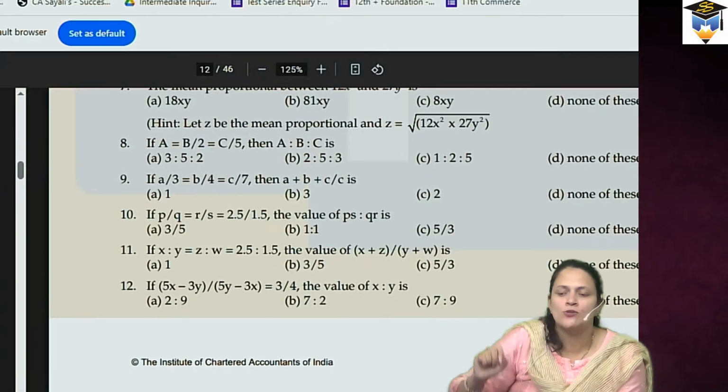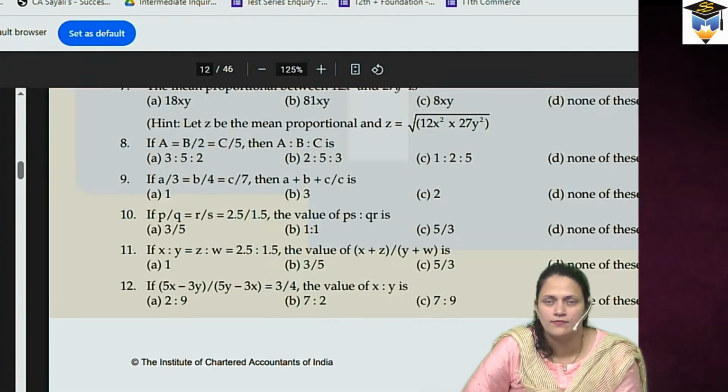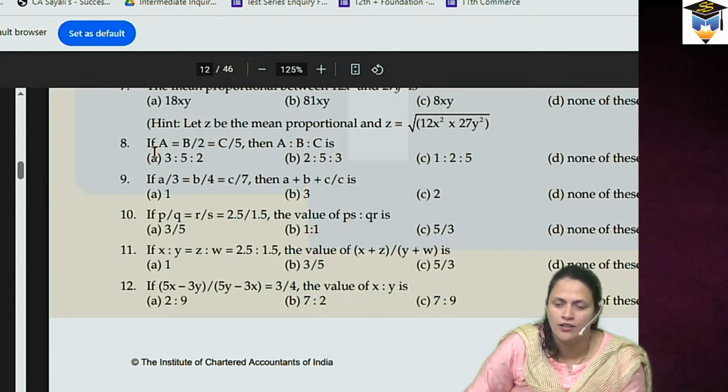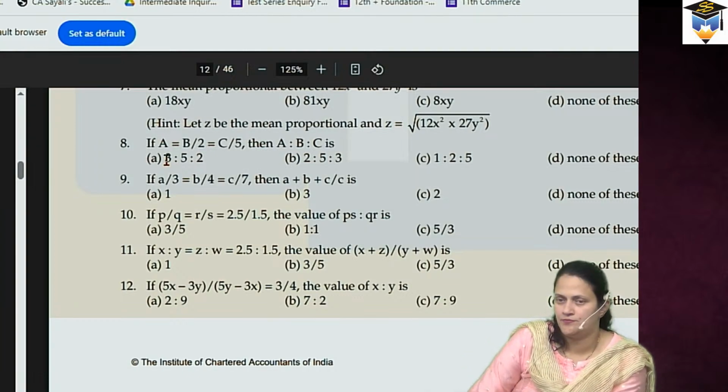So a is to b is to c would be 1 is to 2 is to 5, that is option C. You can do this straight away, no need to solve. Option C for the 8th one.